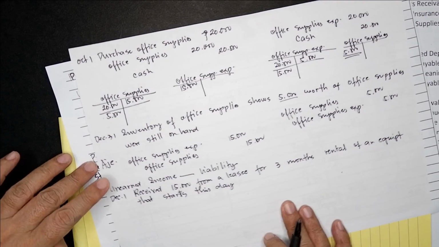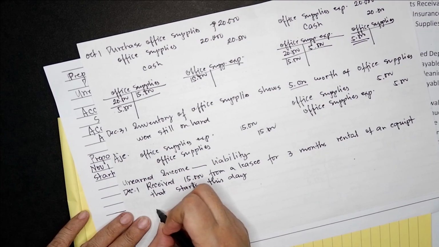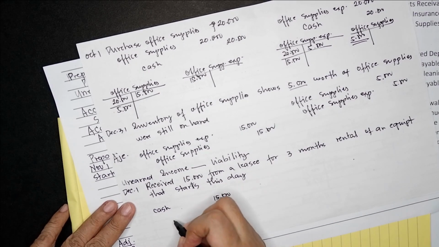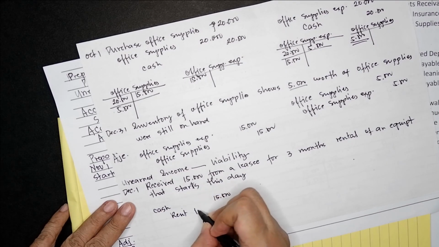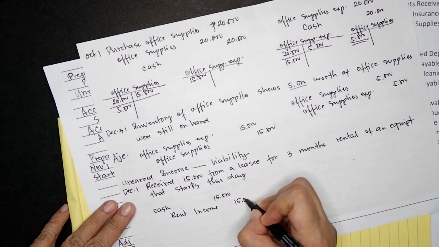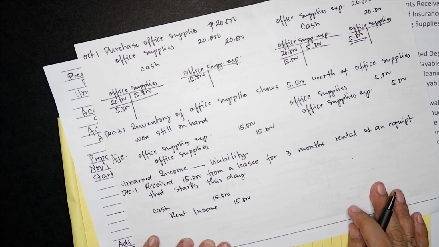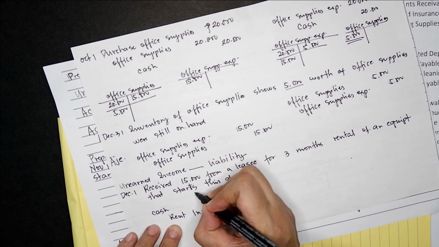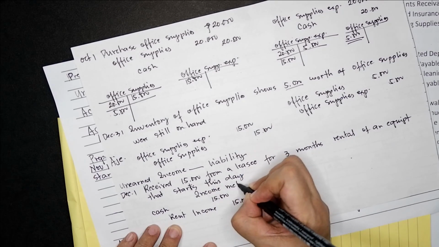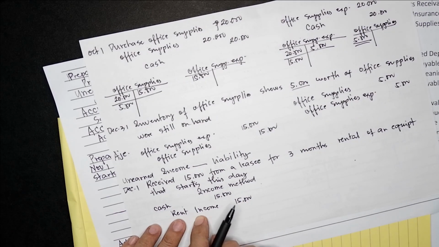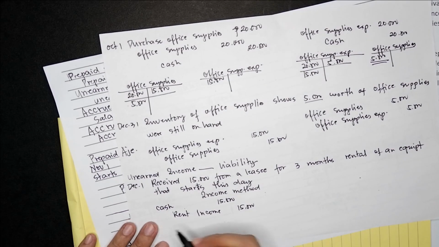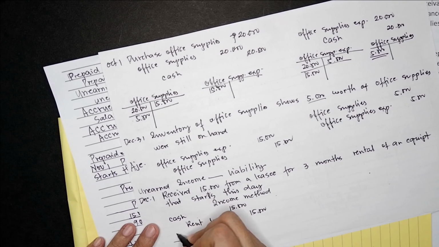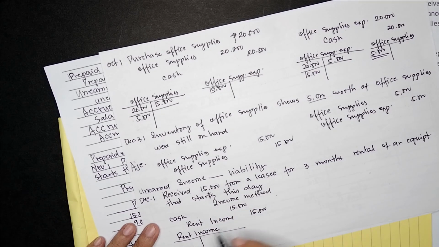So December 1, if our entry is debit cash 15,000 and credit rent income 15,000, we credited rent income, which means the income method was used. Why? Because we already recorded our income. If we post that to the account, we have rent income, 15,000.